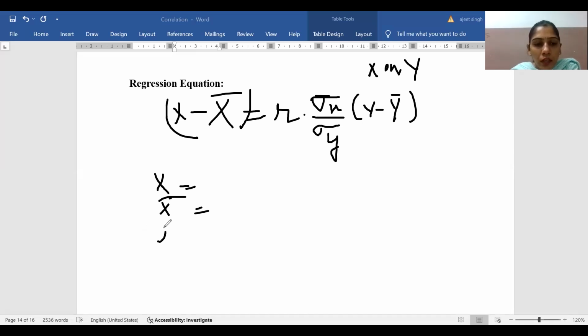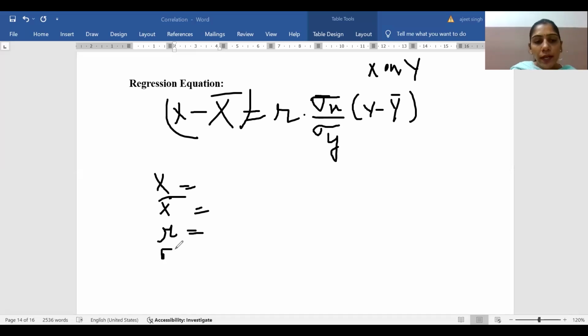And r is the coefficient of correlation of series x and y. As we discussed in the previous chapter, r is for calculating the coefficient of correlation by Karl Pearson's method, or we can say the Karl Pearson coefficient of correlation is denoted by the term r.